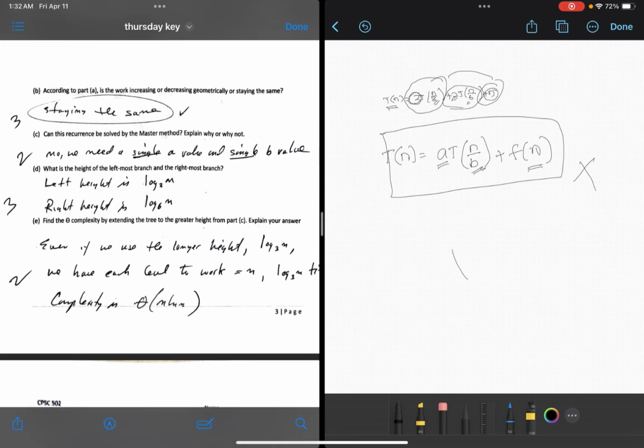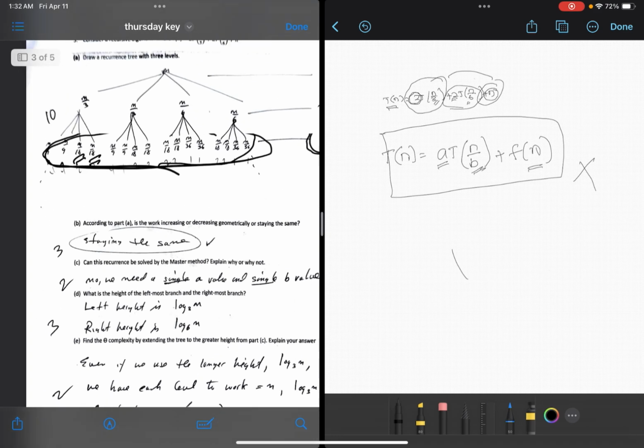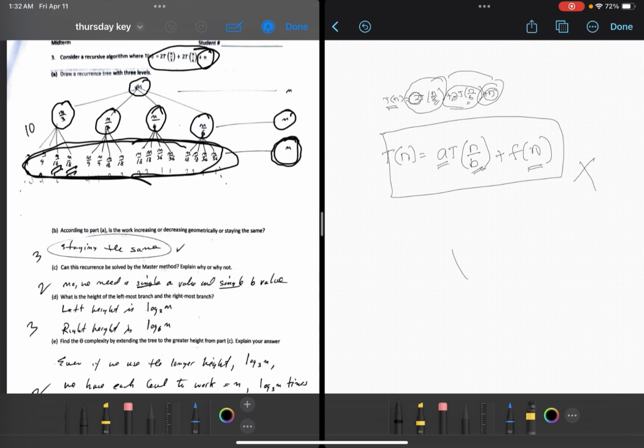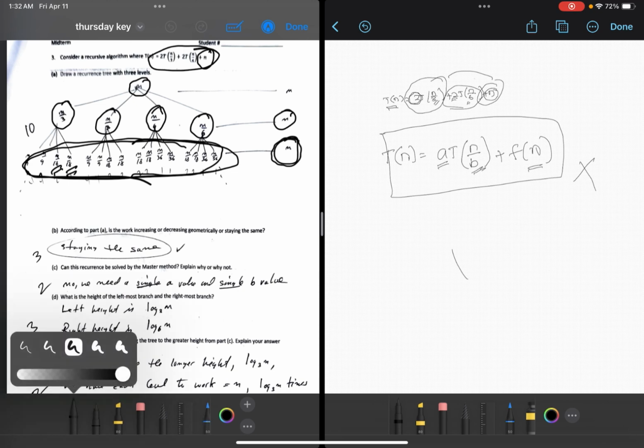Again, what is the height of the leftmost branch and the rightmost branch? Look here: this tree has to come down to unity at one point or the other.